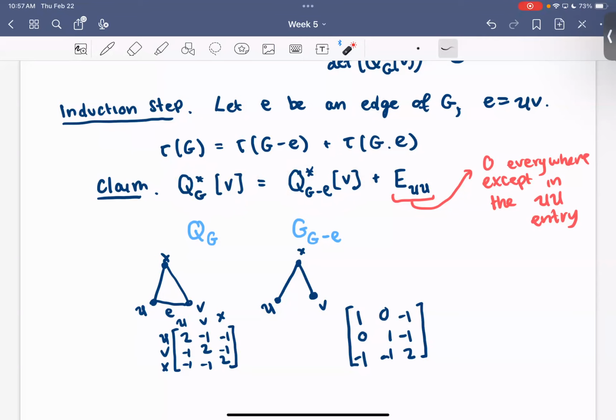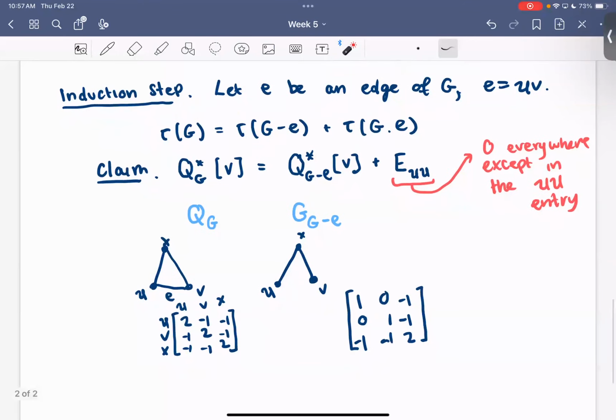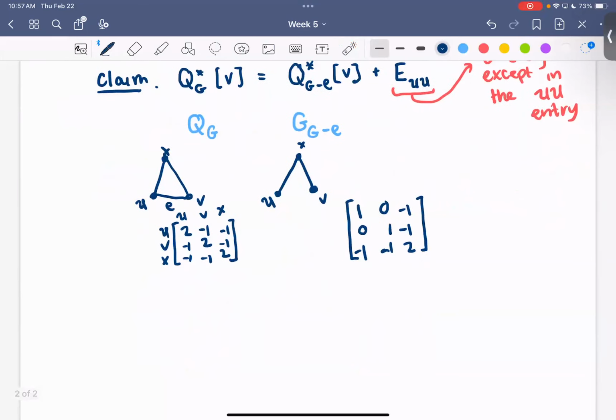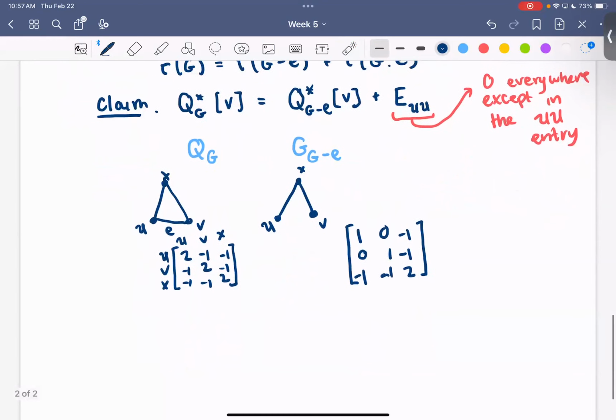Okay, so then now we need to compute the determinant of this thing. This was an example.